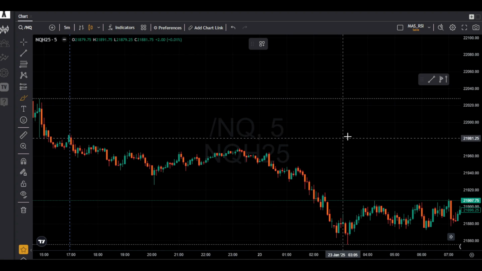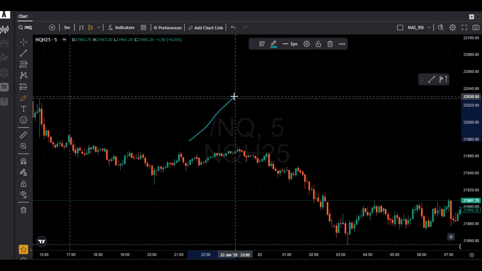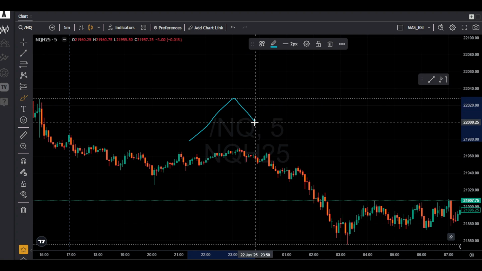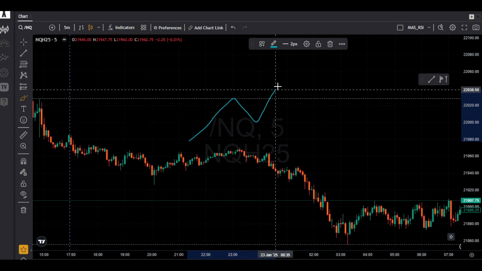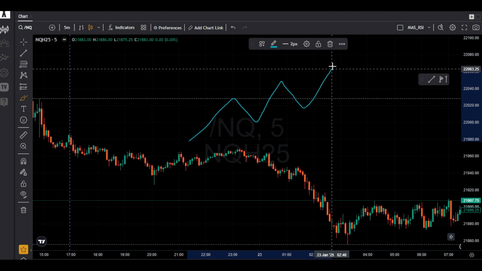Let's say we see price moving from here, pulling back, moving up, pulling back, moving up.